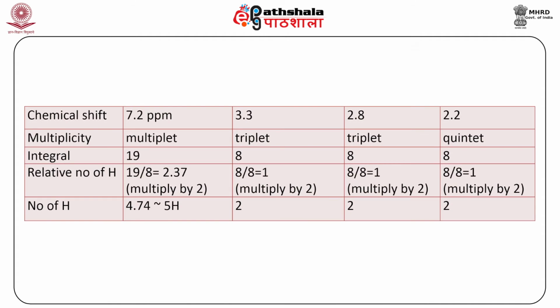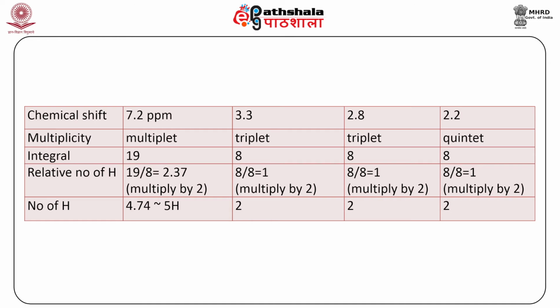The NMR spectrum of the given compound shows the number of hydrogens for each peak, which can also be found from the given table, which indicates the chemical shift, the multiplicity and the integral values. From the integral values we find the relative number of hydrogens present, and finally come to a conclusion about the actual number of hydrogens in the given organic compound.